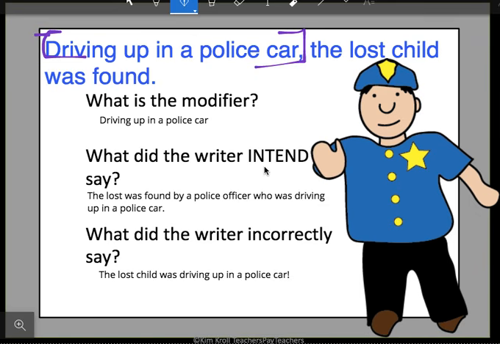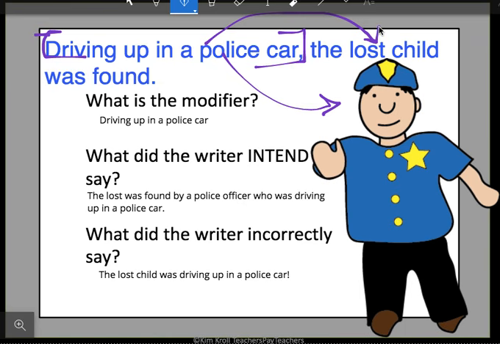And what did the writer intend to say? Well, they're trying to say that the lost child was found by some police officer who was driving up in his car. However, that's not really what they say. They incorrectly say that the lost child was driving up in the police car because this modifier, driving up in a police car, is right next to the lost child.